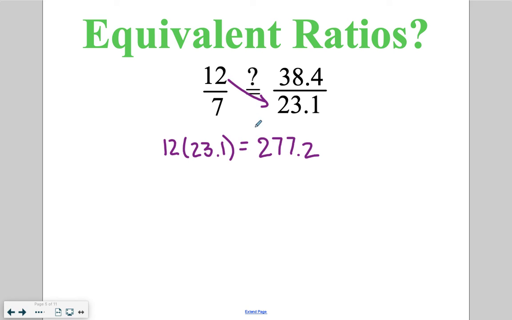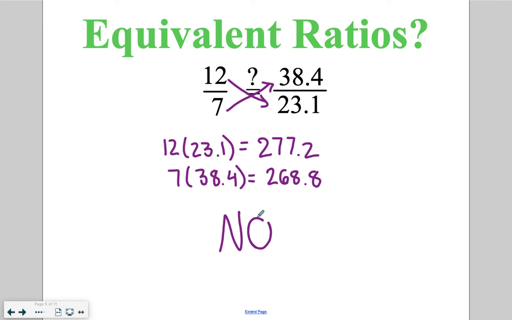Then we're going to do the other cross product, the other diagonal, and say 7 times 38.4. That's going to give you a value of 268.8. So 277.2 and 268.8 are not equivalent. So no, these are not equivalent ratios.